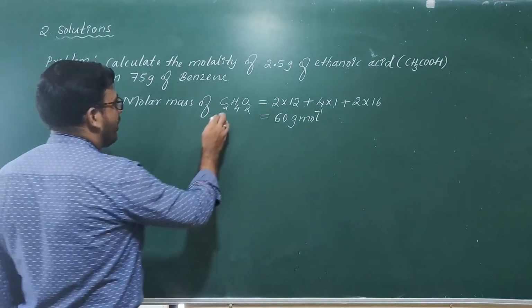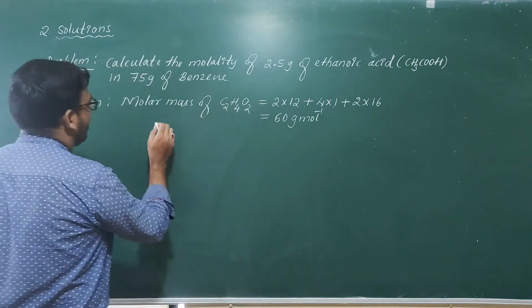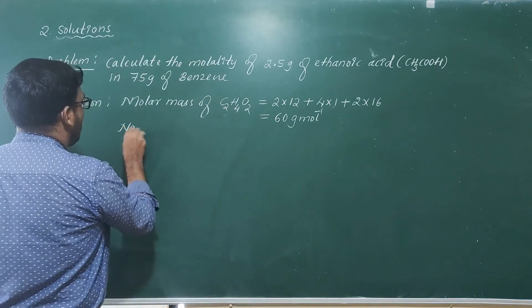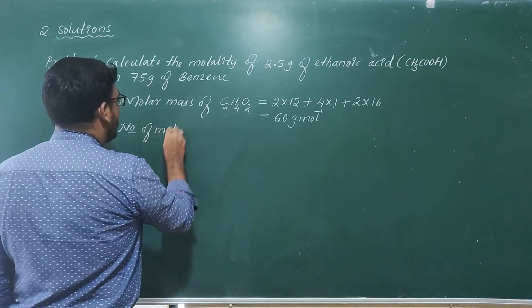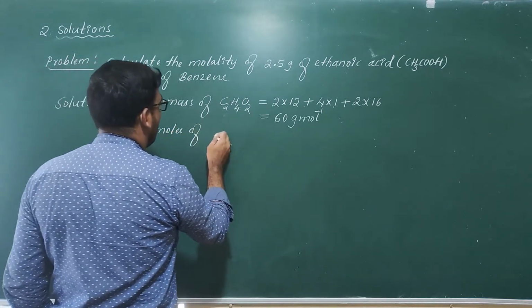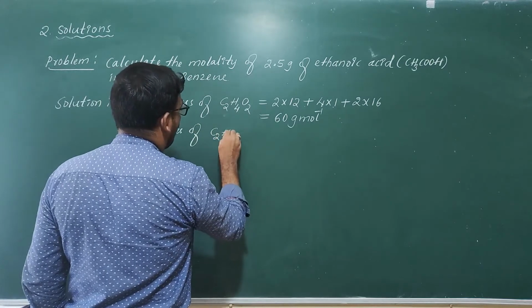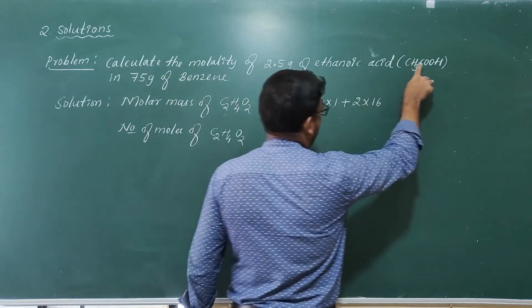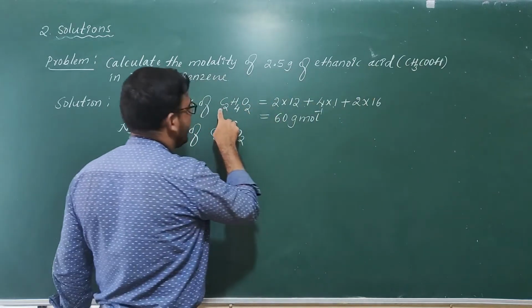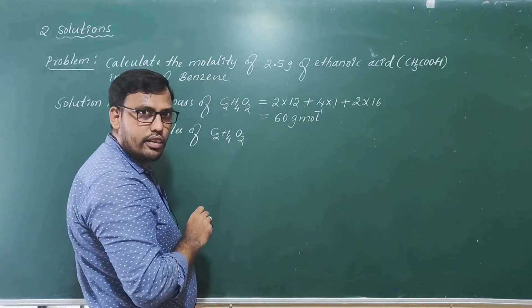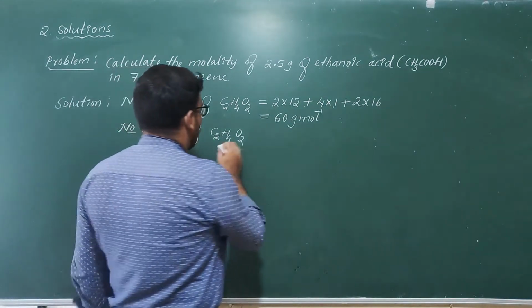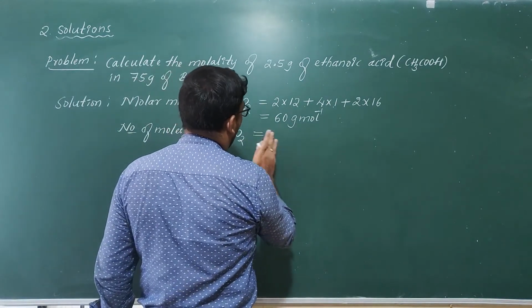What I need to calculate? I have to calculate the number of moles of ethanoic acid. That is our numerator. So now number of moles of ethanoic acid. See, for CH3COOH only I have written C2H4O2. So don't think why sir has taken this one. C2H4O2, number of moles means what?